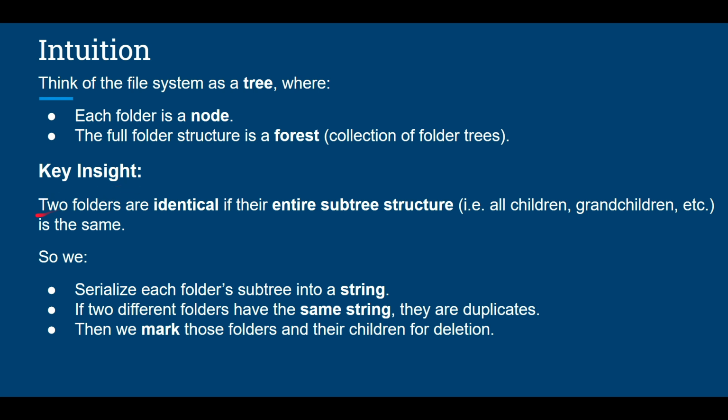So what is our key insight? Two folders are identical if their entire subtree structure, all children and grandchildren, is the same. So let's serialize each folder's substructure into a string, meaning we convert the given structure into a string so that we can do string checking.